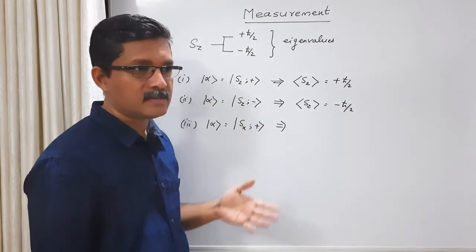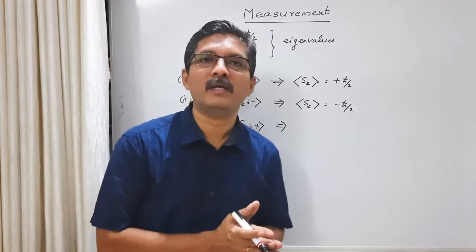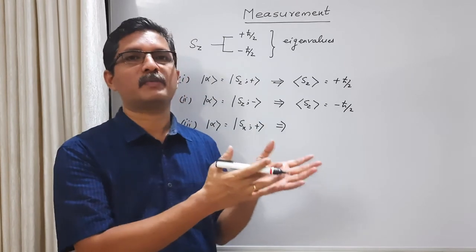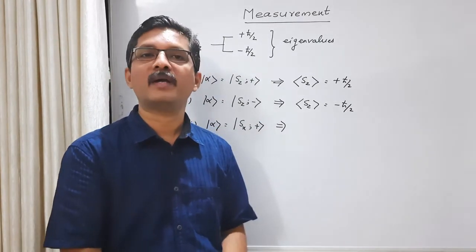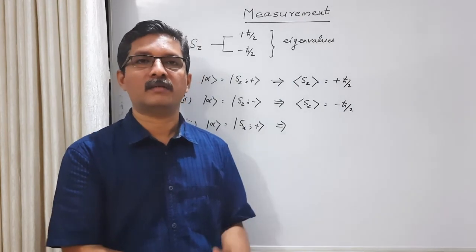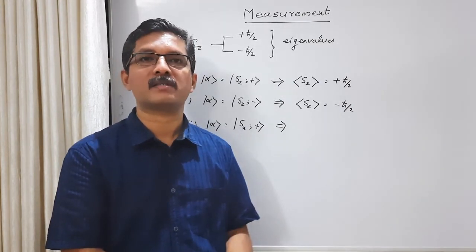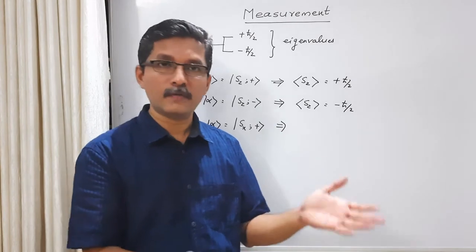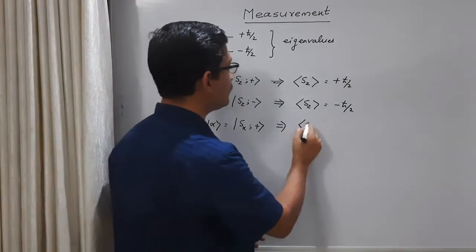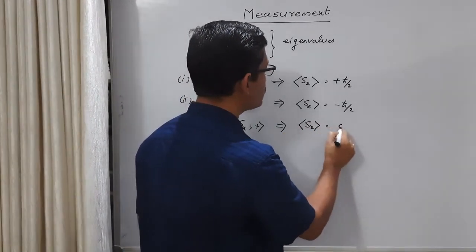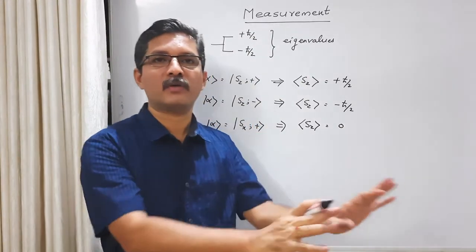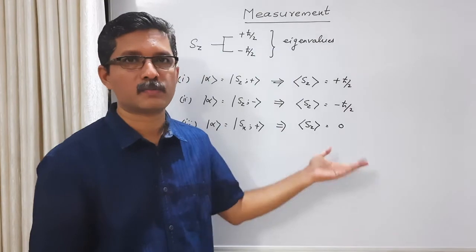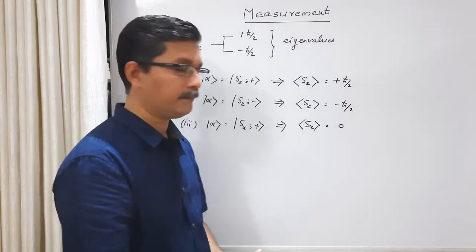So nearly half the particles will have spin z component plus ħ/2, and the other half will have Sz equal to minus ħ/2. If we take the average value, what will be the result? The average value will be 0, since 50% of particles have plus ħ/2 and 50% have minus ħ/2.